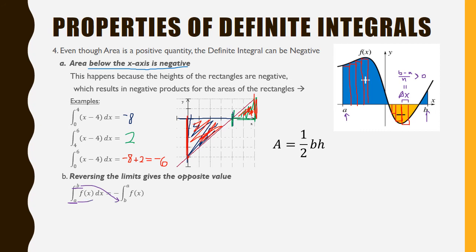I can just change their order, as long as I keep in mind that I have the opposite sign, because I had a negative delta x and I really wanted it to be positive.